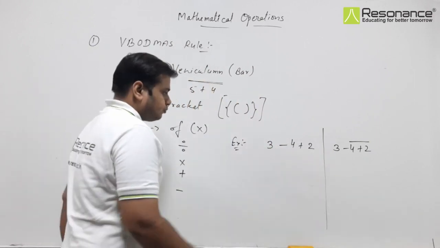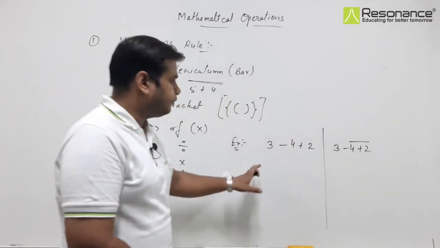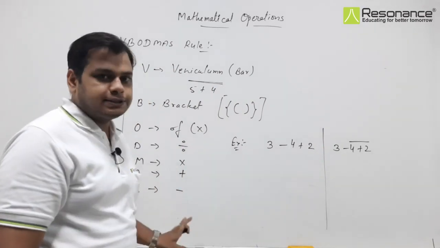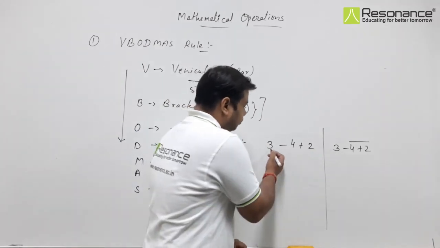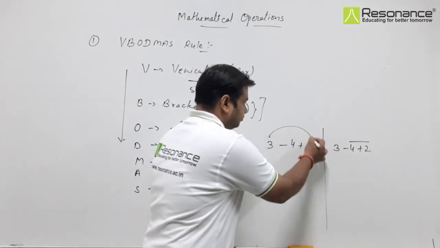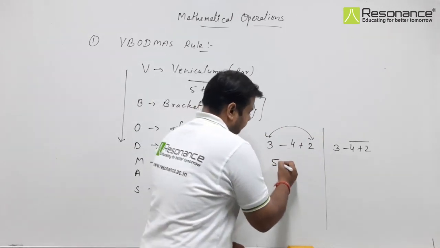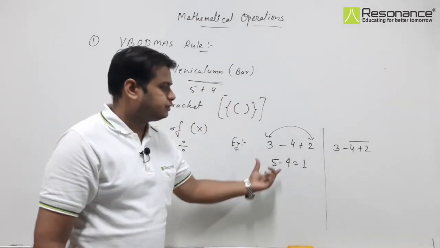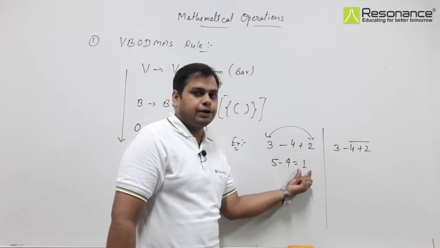Let us see. 3 minus 4 plus 2, this is a normal equation, we do not have any kind of vinculum, bracket, of, just we have addition and subtraction. So first we have to do addition. 3 is a positive number, 2 is a positive number, so these two should be added. So 3 plus 2 becomes 5 and 5 minus 4 becomes 1. So if we solve this normal equation, we will get the answer 1.